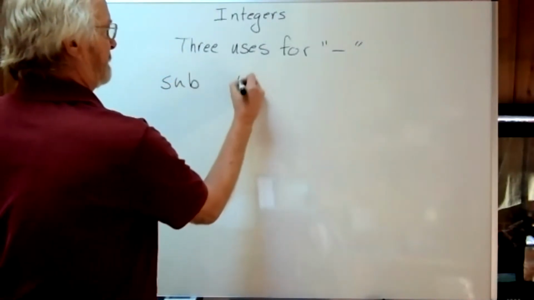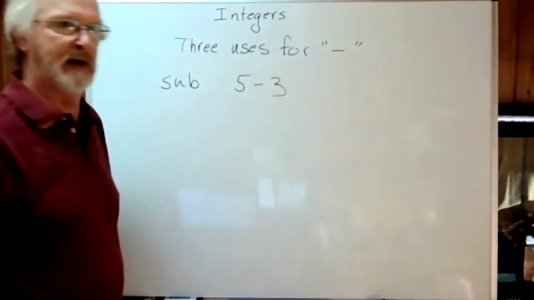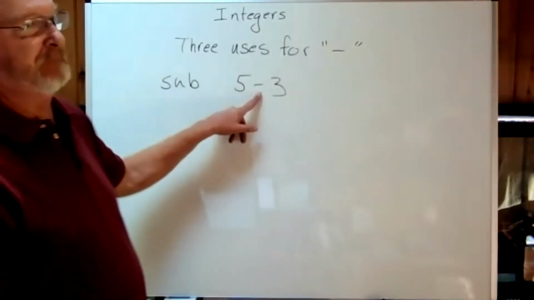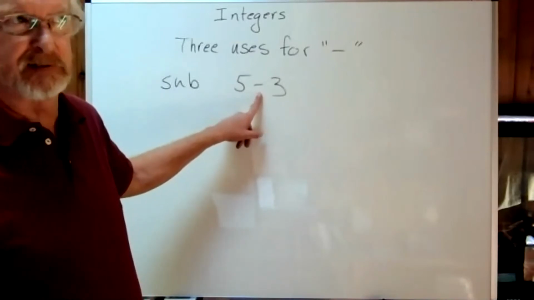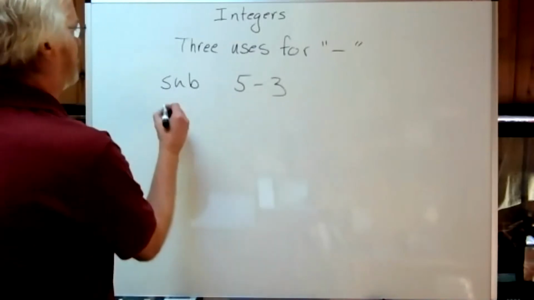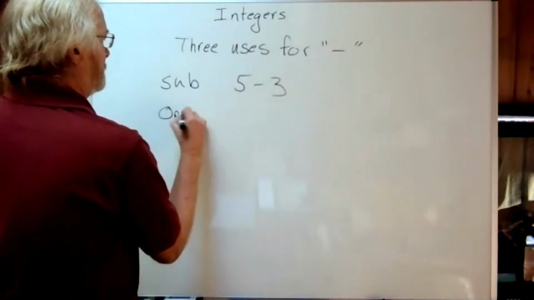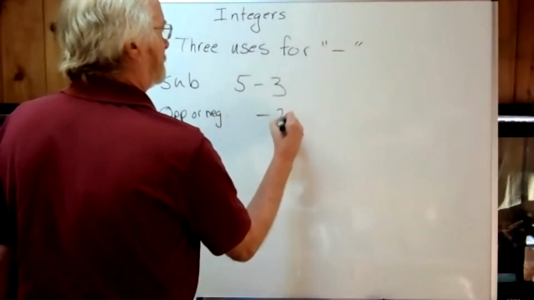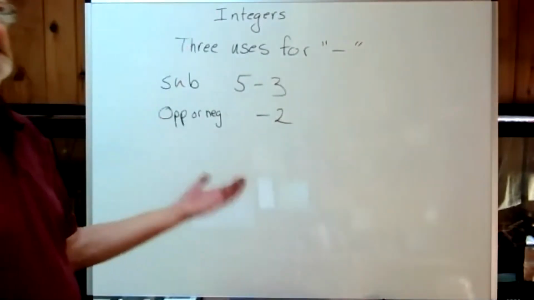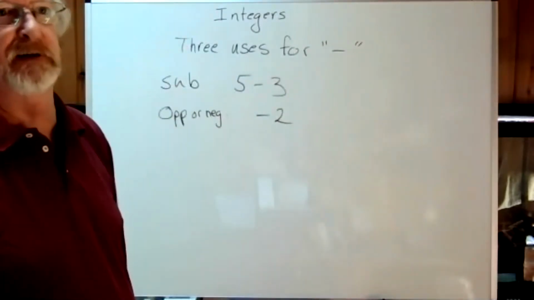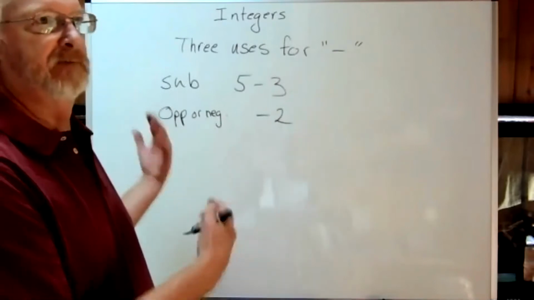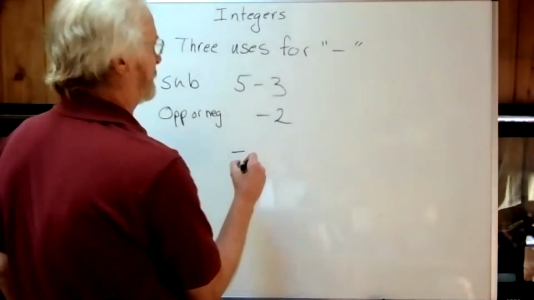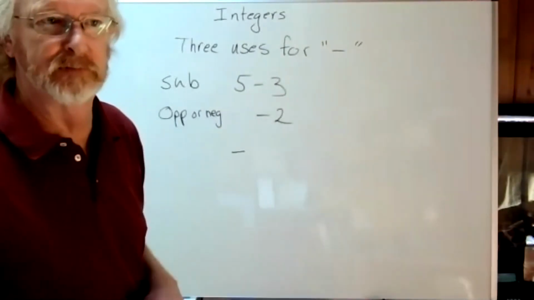We're familiar with, we use it to subtract 2 whole numbers, 5 minus 3. Here it represents the operation subtraction. Opposite or negative number. This is indicating this is the number that is 2 units to the left of 0. -2. Okay. So it's saying the opposite of 2.